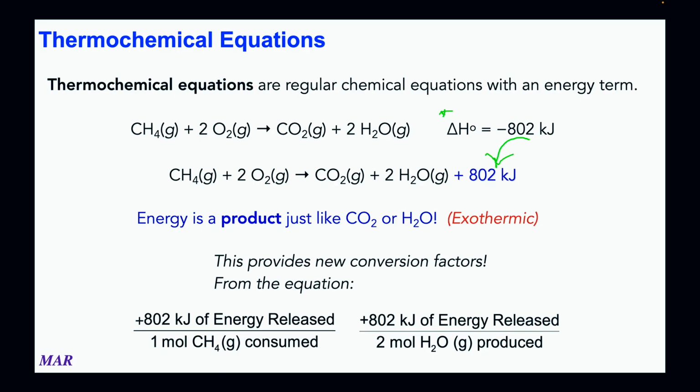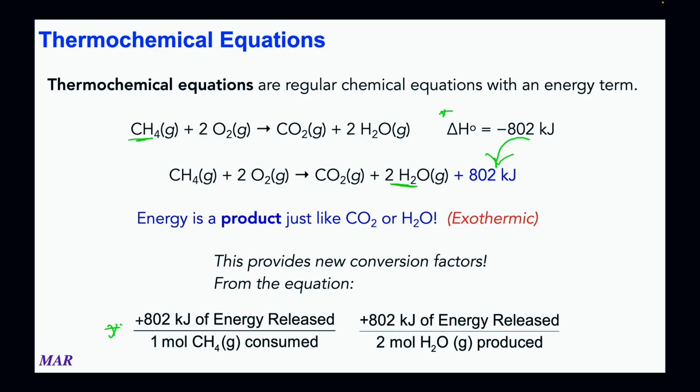So if 802 kilojoules is a product, that means for every mole of CH4 that you burn, you're going to release 802 kilojoules of energy, which is kind of cool. And we get that because it's one CH4 making 802 kilojoules. And likewise, for every 2 moles of water that you make, you're going to get 802 kilojoules out.